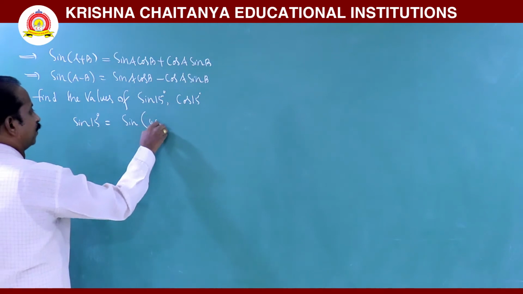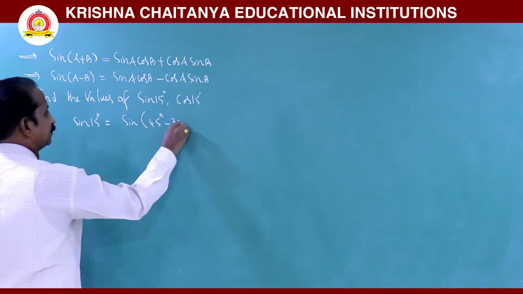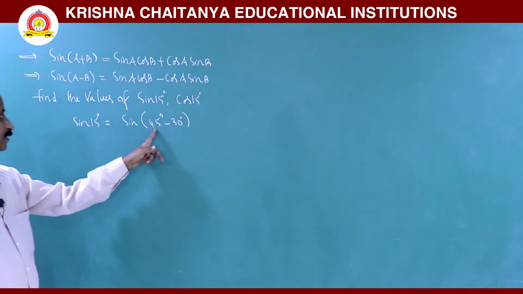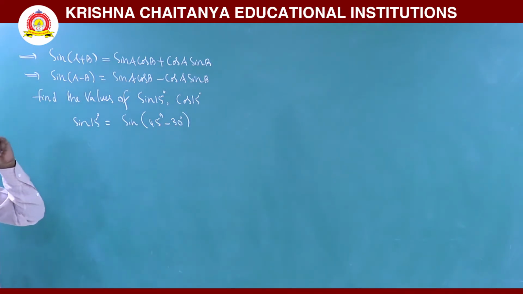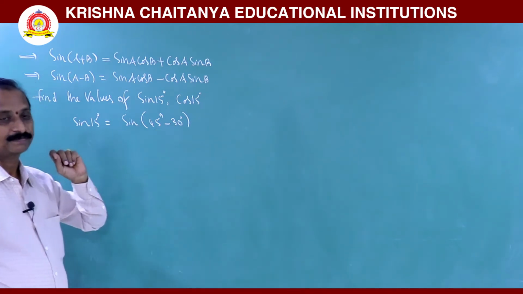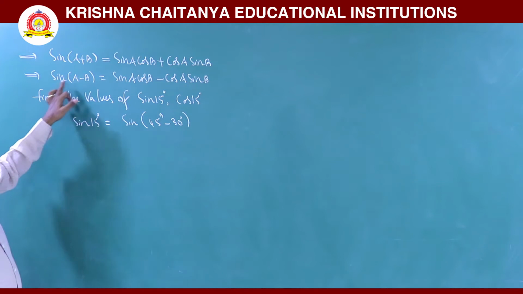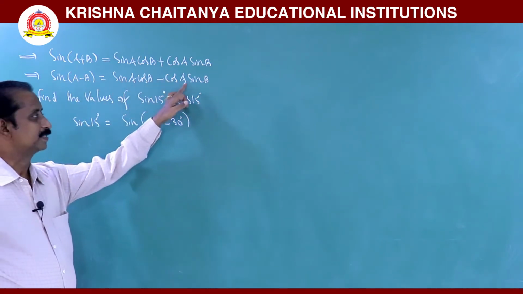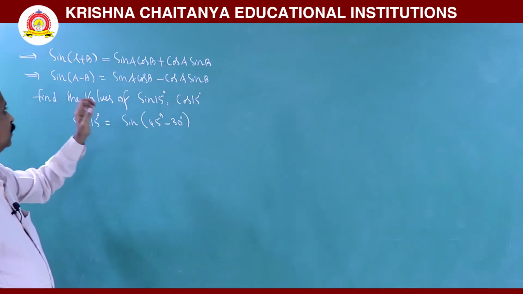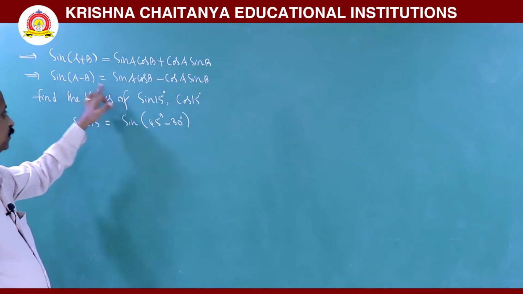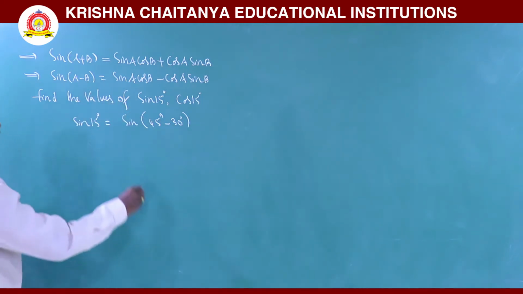sin 45 minus 30 degrees. 45 minus 30 is nothing but 15 degrees. It is in the form sin a minus b. What is sin a minus b? Sin a cos b minus cos a sin b. Compare with this one: a is equal to 45, b is equal to 30.